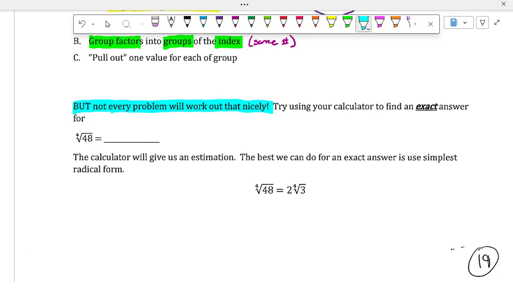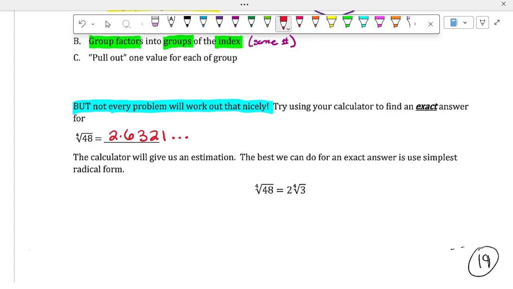What will be an approximation? It's what? 2.6. Keep going a little bit. 3, 2, 1. And I'll stop there. It'll keep on going forever because it's an irrational number.